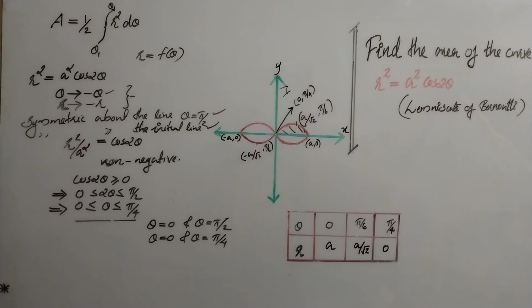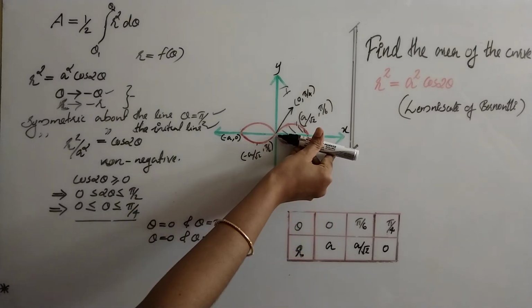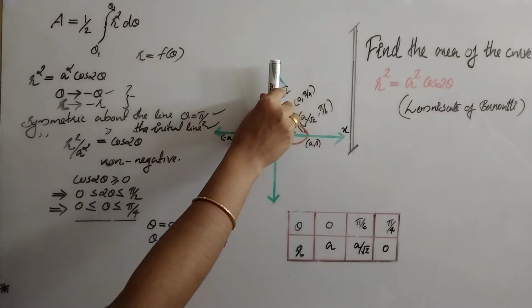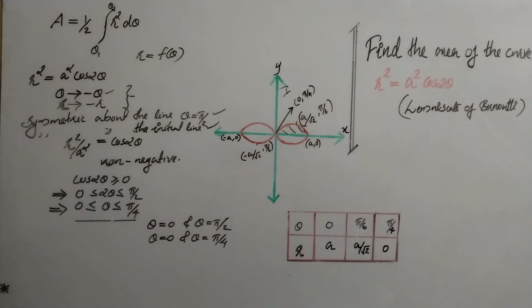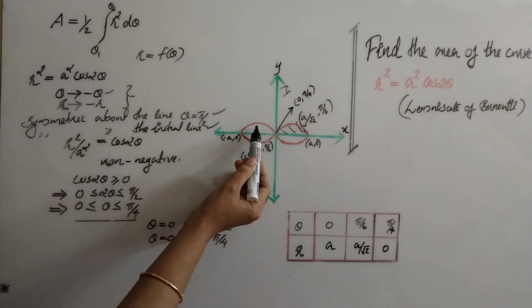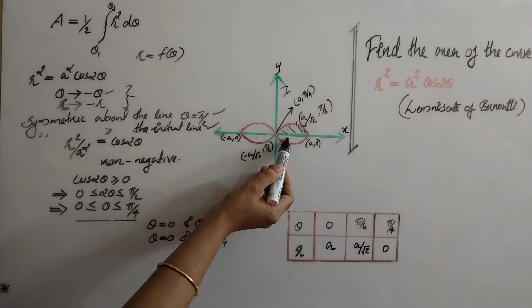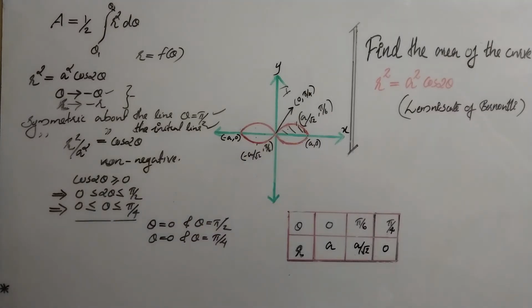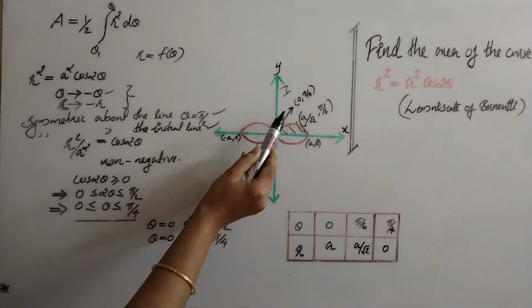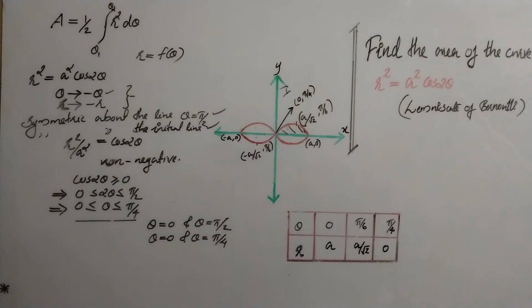Using the symmetry about the initial line and about theta equal to pi by 2, we have 4 symmetrical portions, 1, 2, 3 and 4.